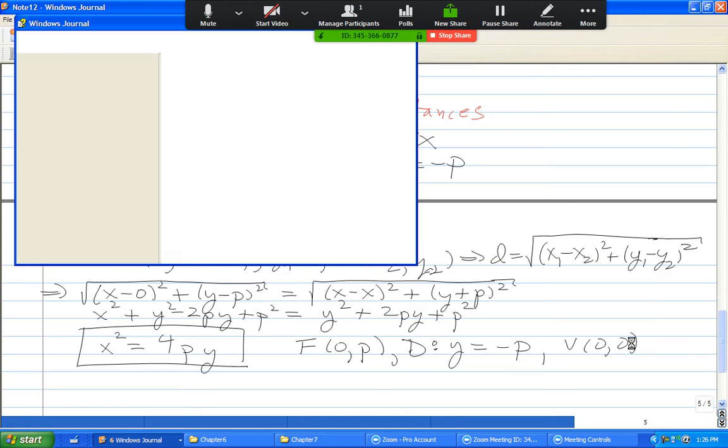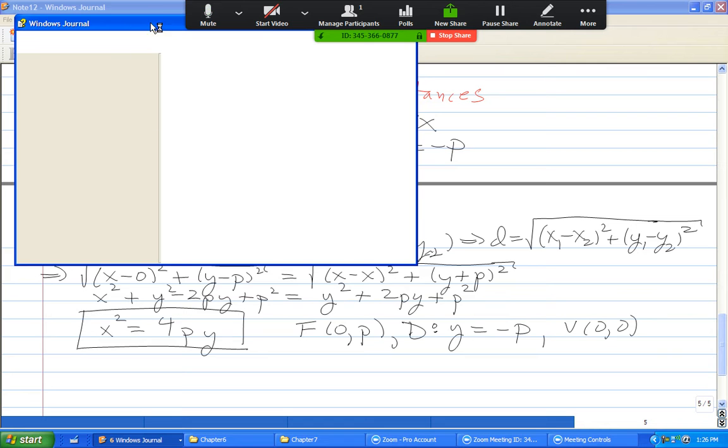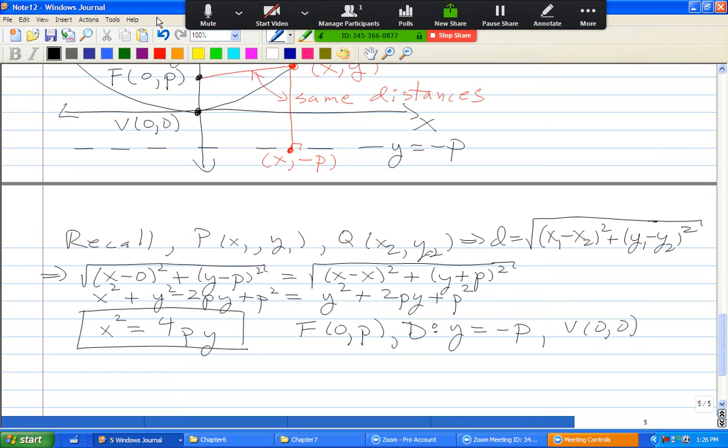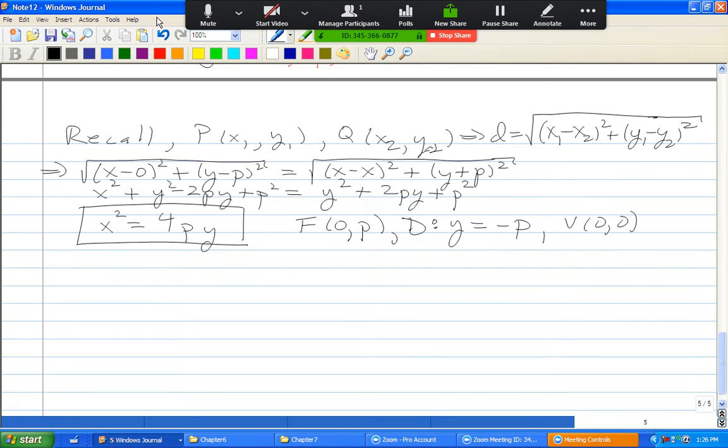Now suppose I have the equation of a parabola. Let's do it again where the vertex is at the origin, but the focus is at, let's say, p, 0.